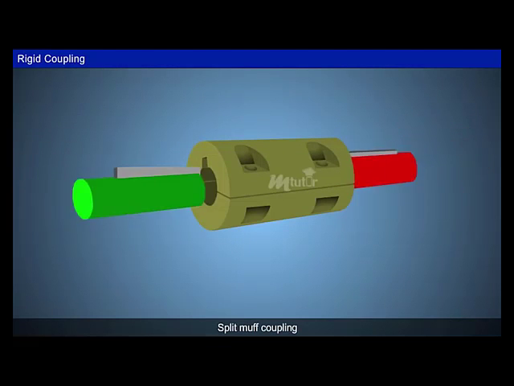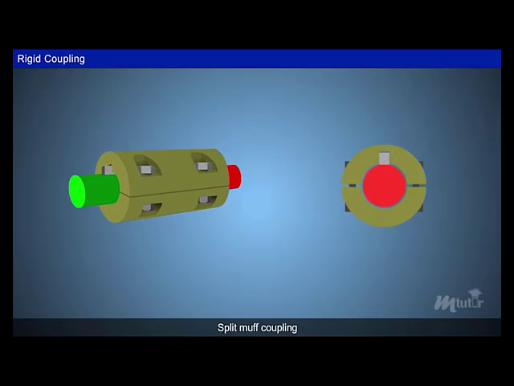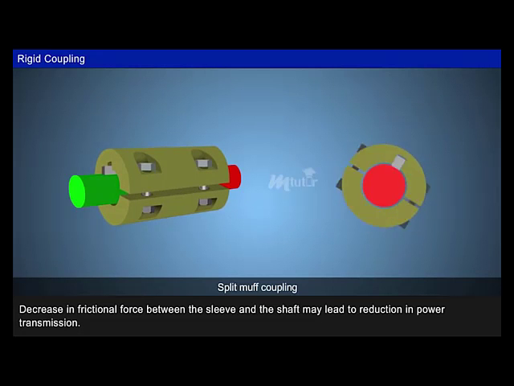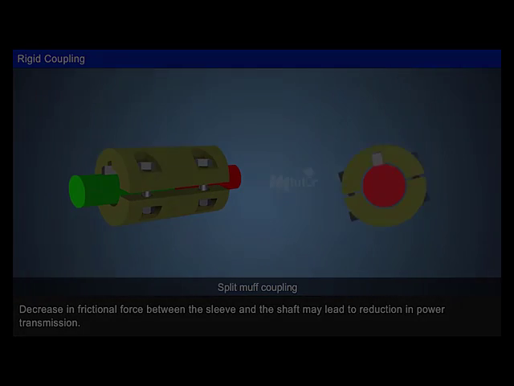These two sleeves are connected by a key and bolts and nuts. Thereby, frictional force is exerted between the sleeve and the surface of the shaft. This frictional force will also help to transmit power. During high power transmission, the gap between the sleeve and the shafts increases, which results in a decrease of frictional force, and this may lead to reduction in power transmission.